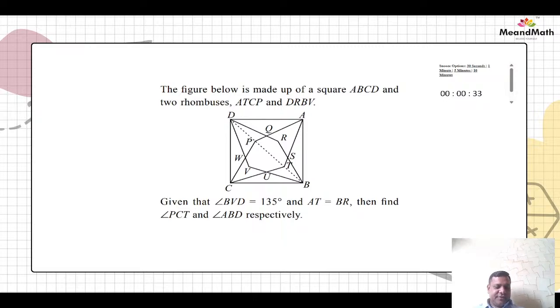Thirty-five seconds left. 14, 13, 9, 7, 6, 5, 4, 3, 2, 1. Time out.